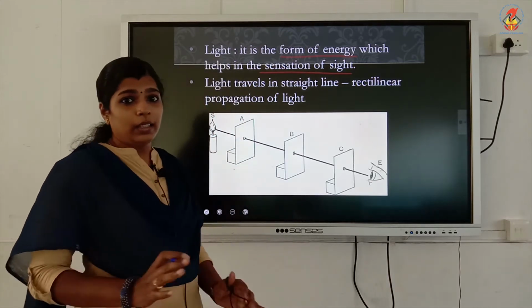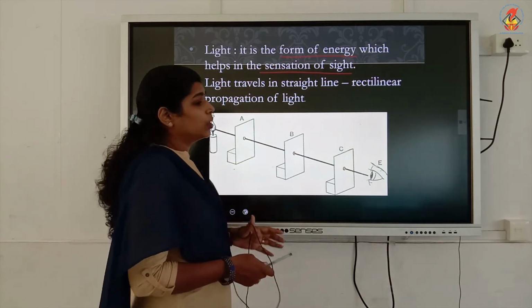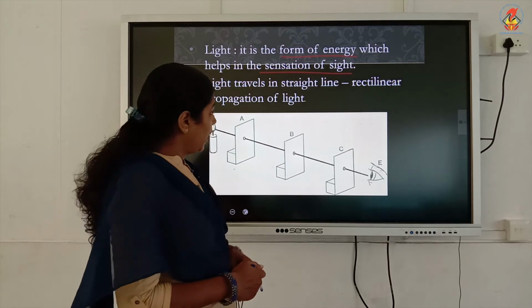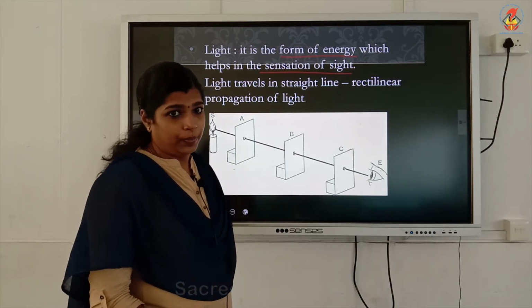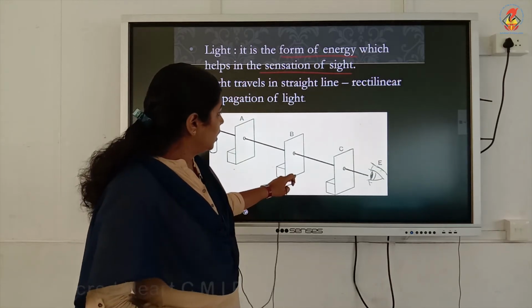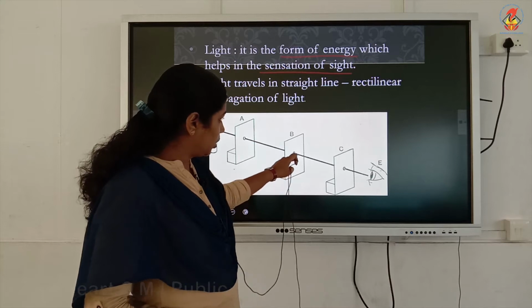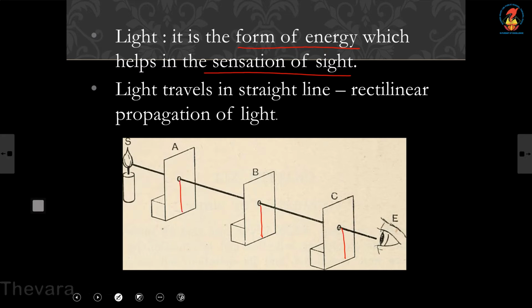Here another activity is given. Here 3 cardboards are there, A, B and C, and holes are made in these 3 cardboards. The distance from the bottom of the cardboard to the hole is the same for all the 3 cardboards.